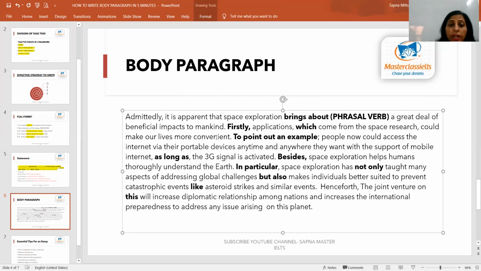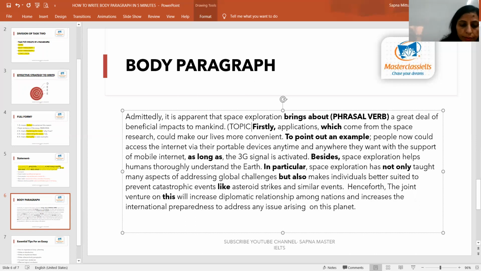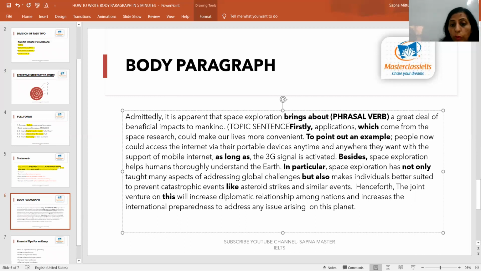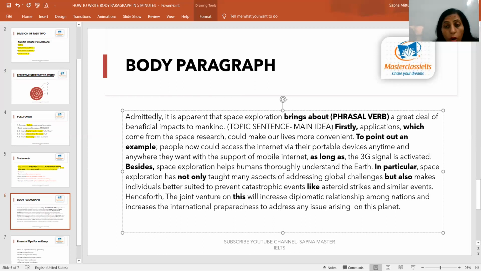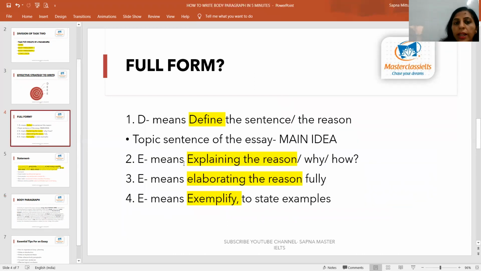Totally a changed one, and this is a topic sentence, which means this is the main idea of what I am going to write in this paragraph. So this is the main idea of your whole body paragraph. I have given that it has a great deal of benefits to the mankind, to the humanity. Now I have to elaborate. So I will elaborate this first thing, in which you explain the reason why you are saying this.